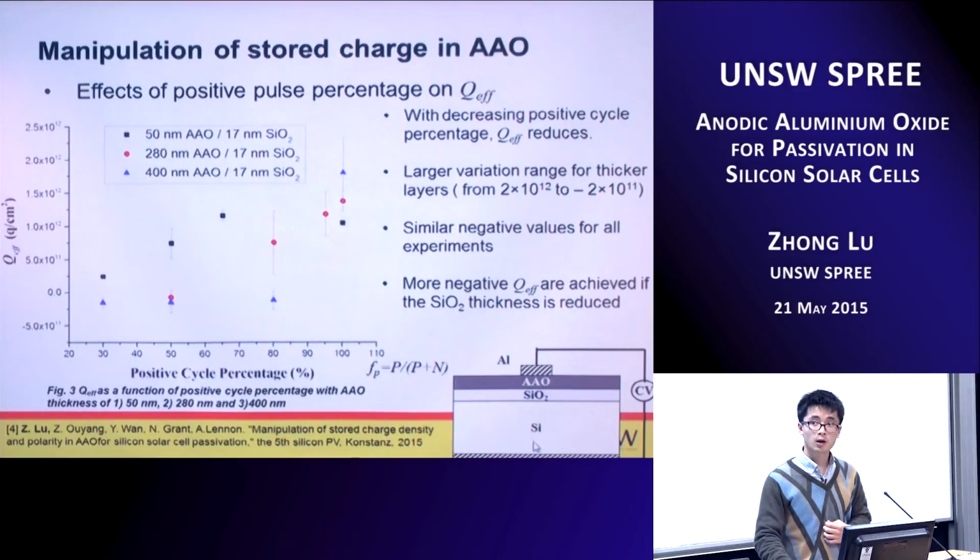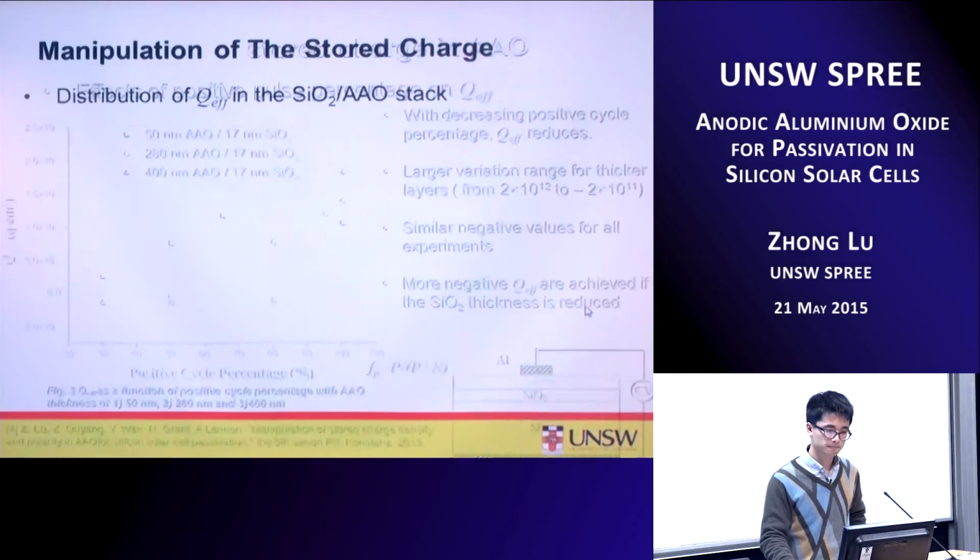So if you are reducing this interlayer thickness, the charge in the AO would have a stronger impact on the silicon, so that you can have a wider manipulation range.